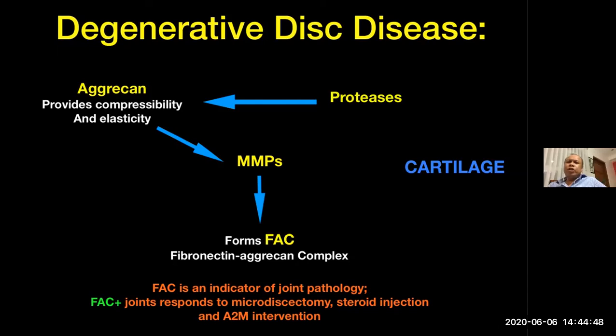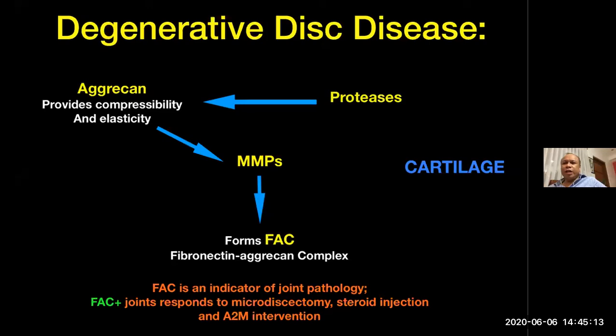So initially, in the cartilage level, we have a protein substance which helps in the compressibility and elasticity of the joints in the form of Aggrecan. If the disc starts to degenerate, then the proteases will come into play and start to degenerate the disc.